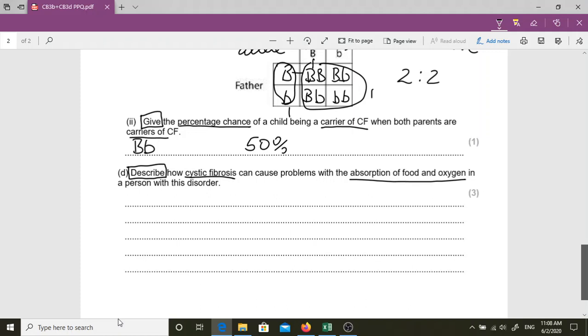The first thing we need to say is, what does cystic fibrosis affect? What does it cause? And so our first bullet point, it affects the cell membranes and this leads to the production of too much mucus. So too much mucus is produced.